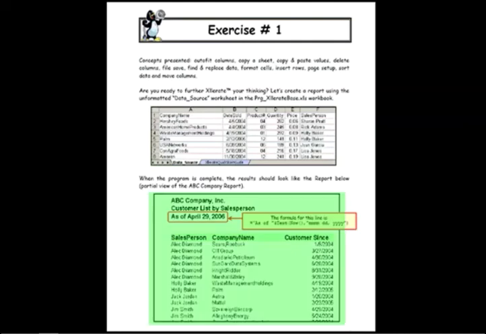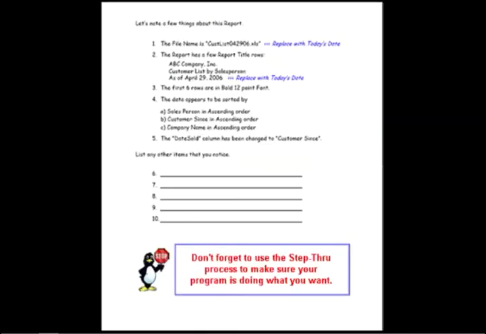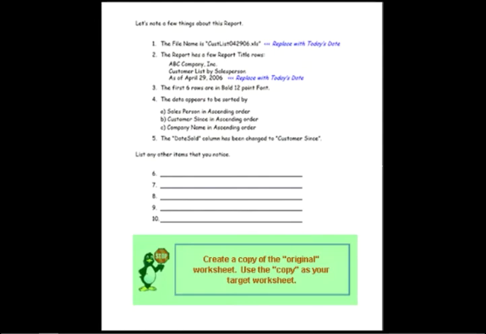When your program is complete, the results should look like the report at the bottom of page 40. A listing of the tasks required are highlighted. Don't forget to use the step-through process to verify your results. Remember, create a copy of the original worksheet and use the copy as your target worksheet.